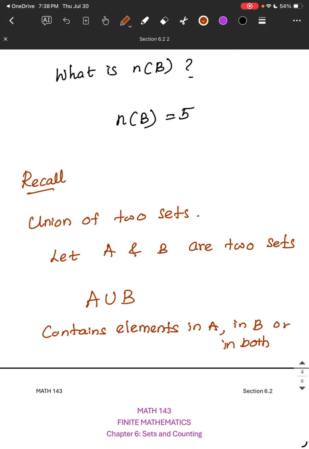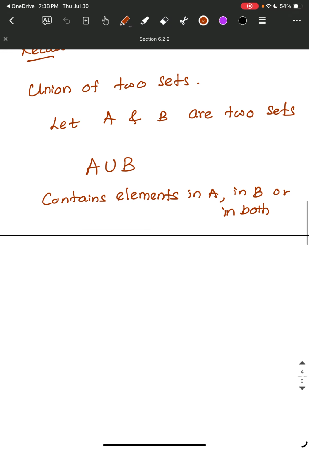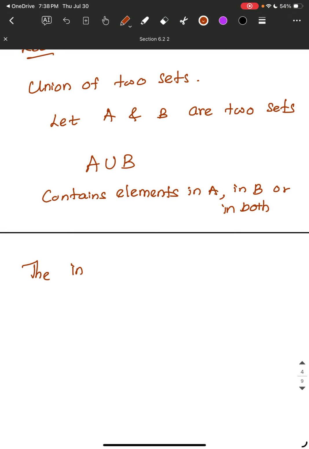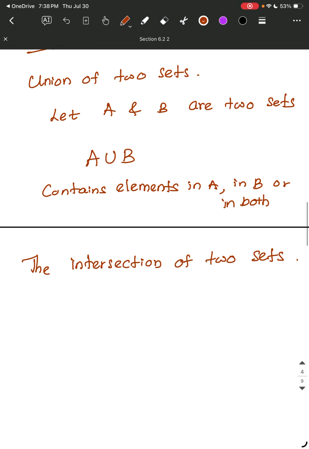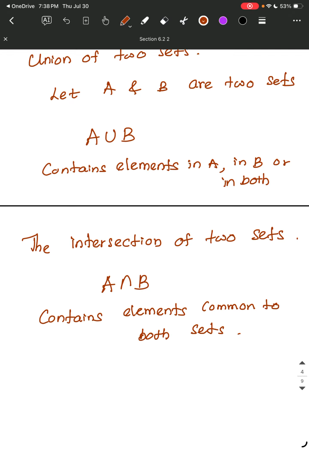Next, the intersection of two sets. Again, A and B are two sets. Then the intersection A intersection B contains elements common to both sets. This overlap is very important when we count elements in a union.